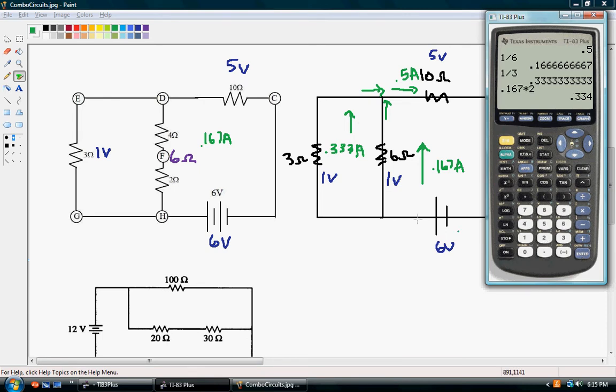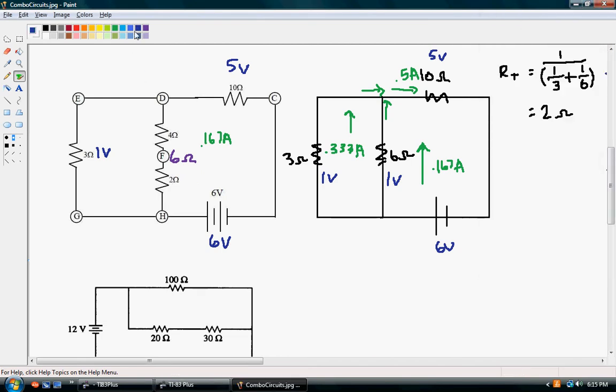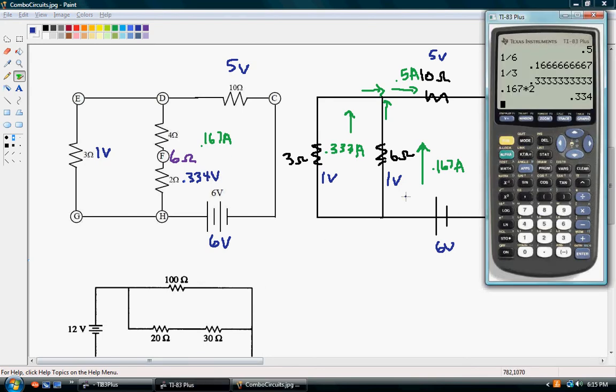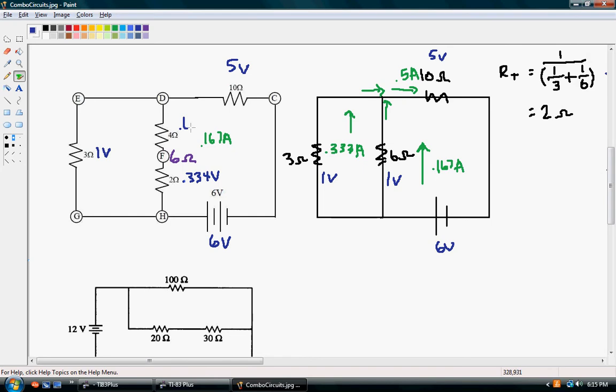So we'll start with the 2 ohm, and it uses 0.334 volts. And then the other one, we take our current, multiply by resistance, and it uses 0.668 volts.